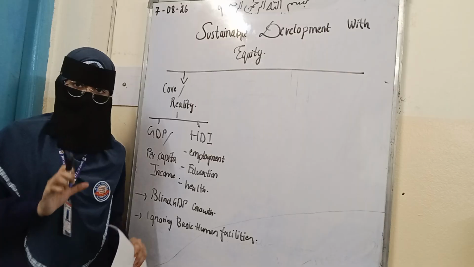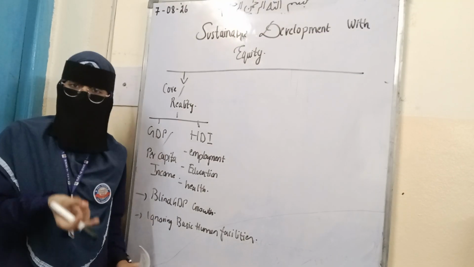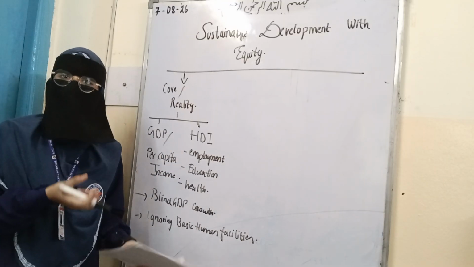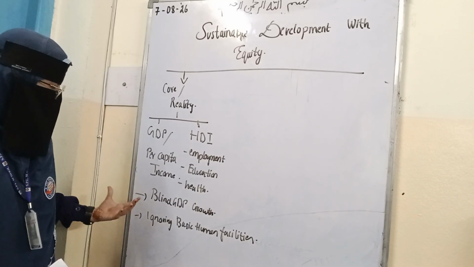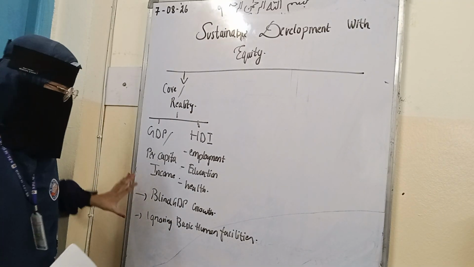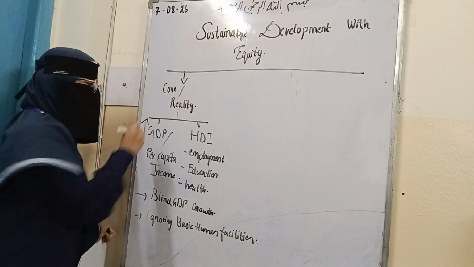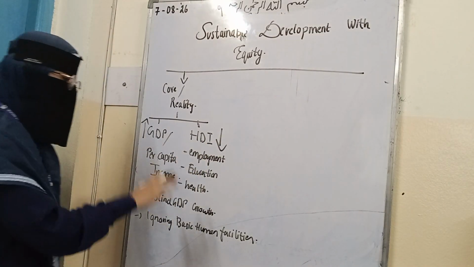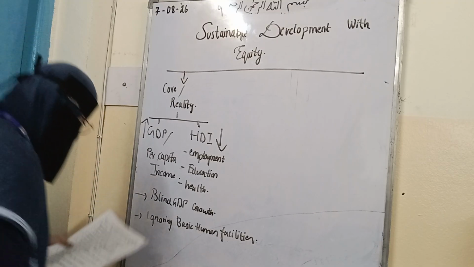Basic needs: water, clean water, food, clean and nutritious food, clean environment, and an employment and a job where he can earn for his family without any stress. So these are the basic facilities. So what is happening here? Blindly GDP is growing day by day. But if we see HDI, the Human Development Index, it is decreasing. Means we are ignoring it, we are neglecting it.